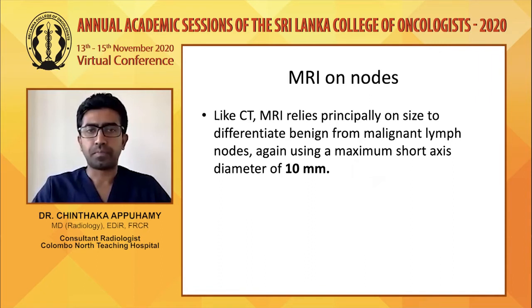MRI on nodes. Like CT, MRI relies principally on size to differentiate benign from malignant lymph nodes, again using a maximum short axis diameter of 10 millimeter.